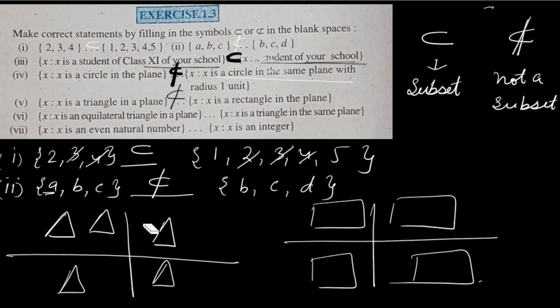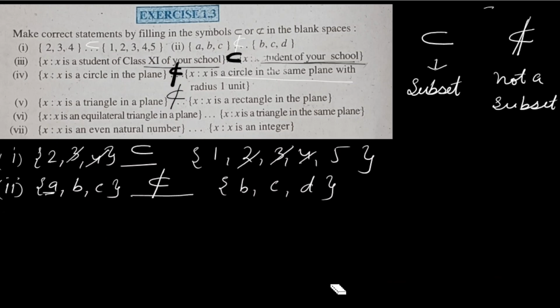Now next one is, so next one we have, so fifth one we have done. Now sixth one, X such that X is an equilateral triangle in the plane. So X is an equilateral triangle in the plane, and second set is X is a triangle in the same plane. So suppose this is a plane.